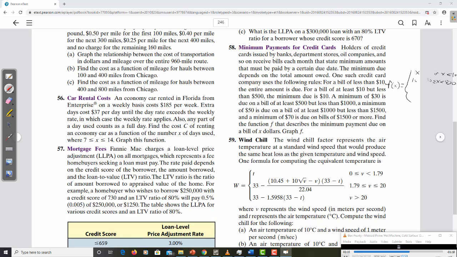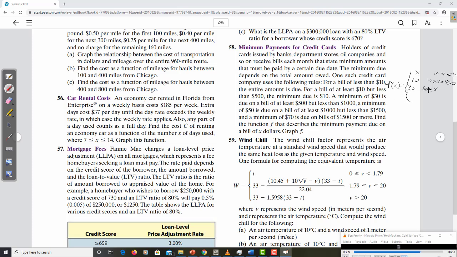Okay, $10. Then we're paying $30 for the next rung, and that's for 500 less than or equal to x.